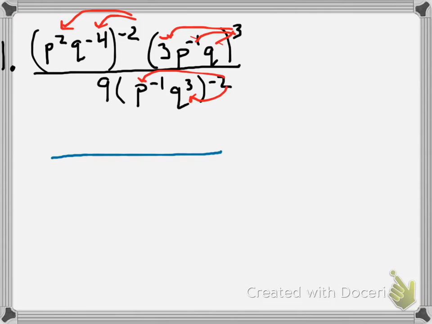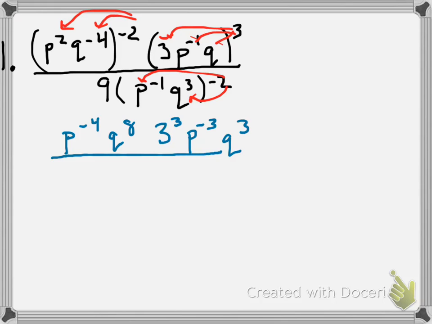So let's start out and do that. So I'm going to have p to the negative 4th, q to the positive 8th, and then I'm going to have 3 to the 3rd, and then I'm going to have p to the negative 3rd, and then lastly, I think q is just by itself, right? So that's going to be q to the 3rd. Over the bottom, now I'm going to do something a little crazy here because I'm that kind of crazy.